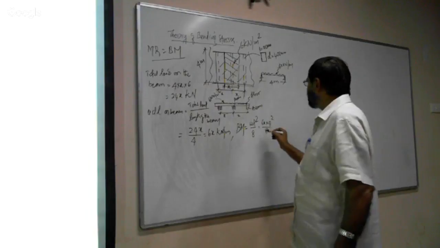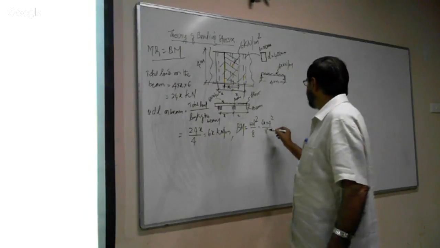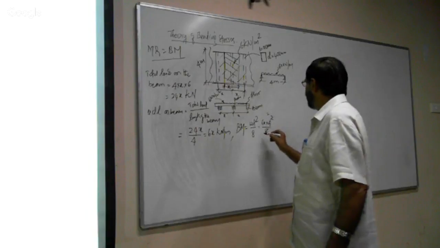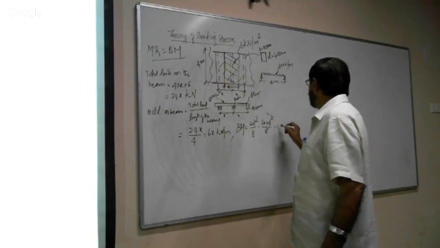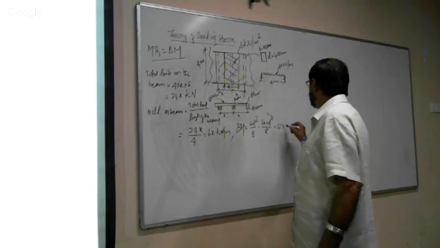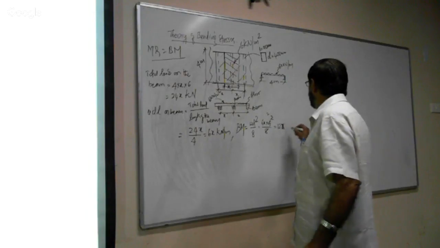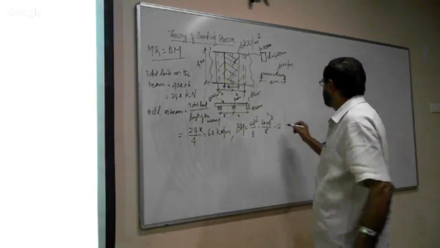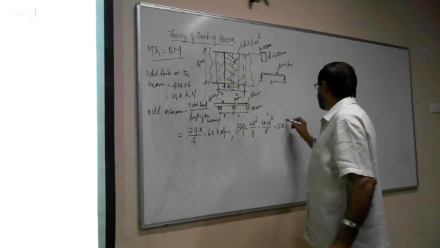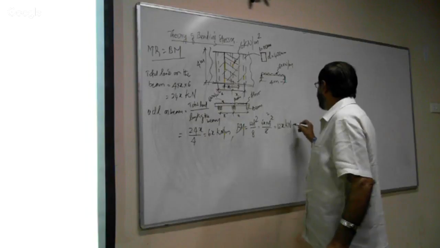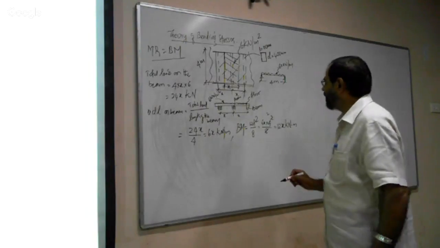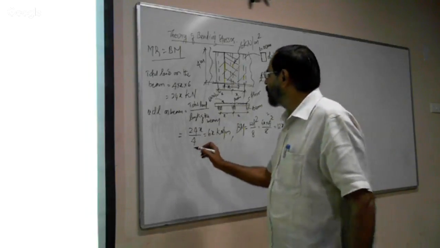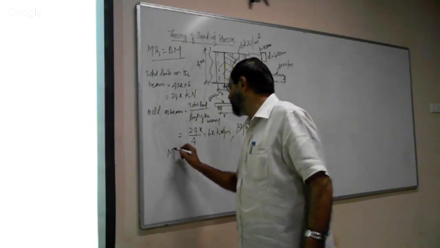After simplifying, this cancels and we are left with 2, which is equal to 12x kilonewton meter. 12x kilonewton meter is the bending moment of the beam. Now let us calculate the moment of resistance of the beam.